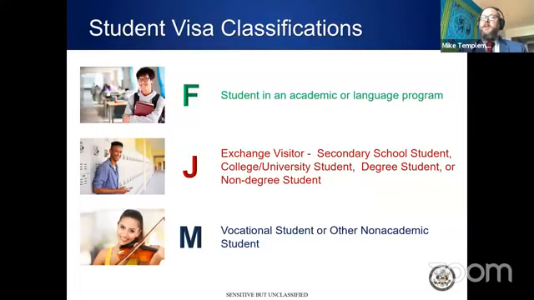Our J category visas are for exchange programs, and often those are students who are on a sponsored visa, either through maybe the Pakistani Education Foundation or through something like the Fulbright program. Fun fact about Pakistan: Pakistan is actually the number one source of Fulbright scholars in the world.